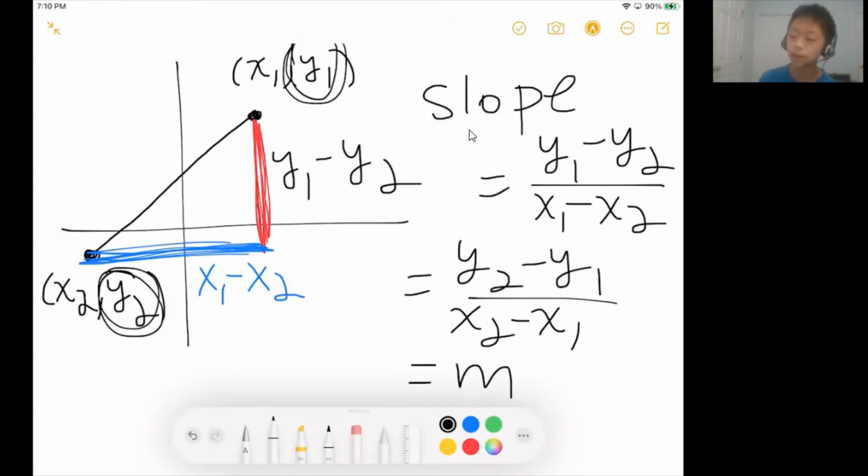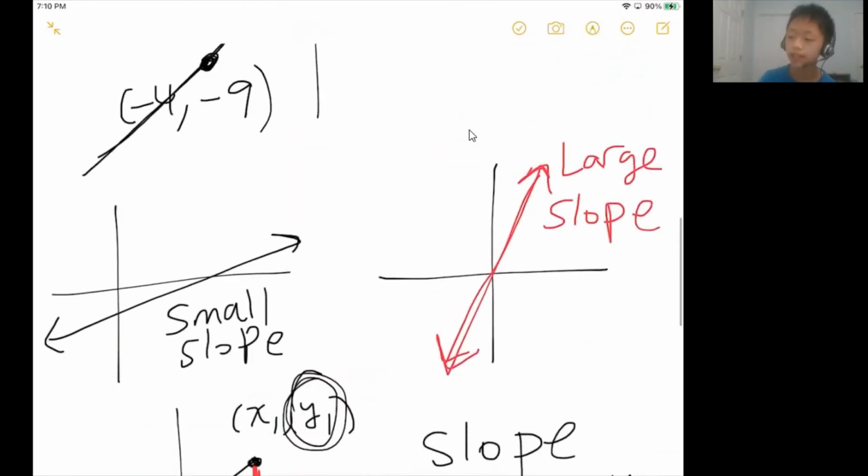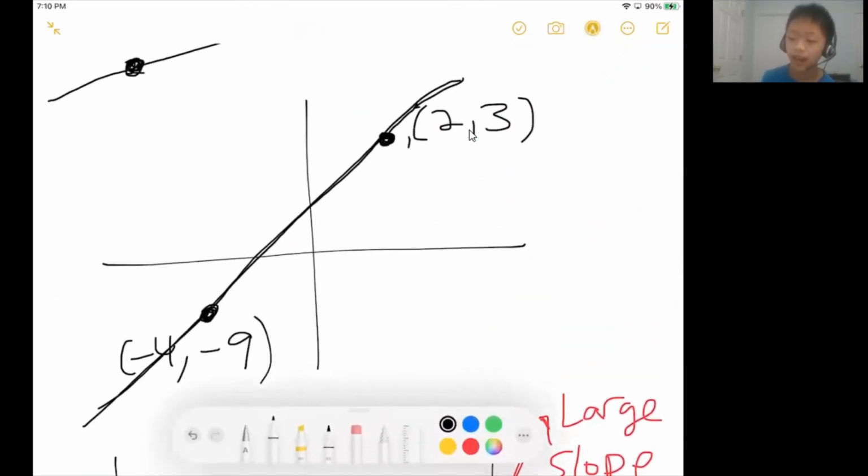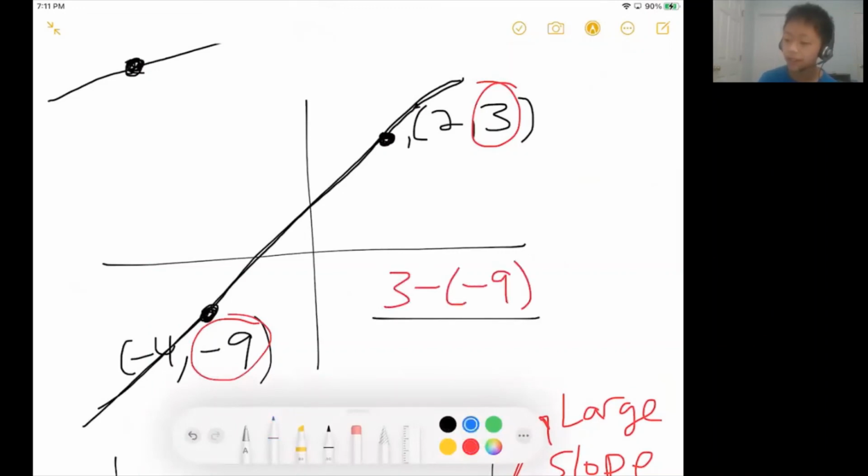If we wanted to apply this formula, we can take a look at the example up here. If we had the line passing through the points (2, 3) and (-4, -9), and wanted to find the slope, we would take the difference in the y coordinates, 3 minus -9, and divide that by the difference between the x coordinates, 2 minus -4.